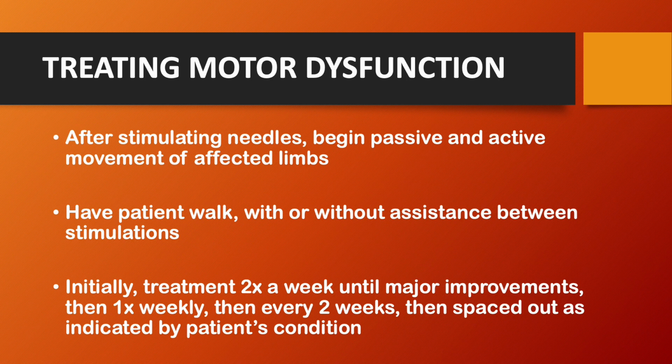After stimulating the needles, begin passive and active movement of the affected limbs. Have the patient walk with or without assistance as indicated between stimulations. Initially, treatment should be twice a week until major improvements are achieved, then once weekly, then every 2 weeks, then spaced out as indicated by the patient's condition.